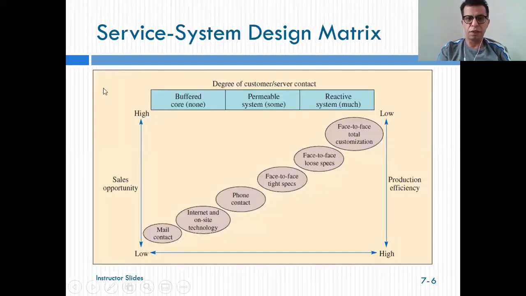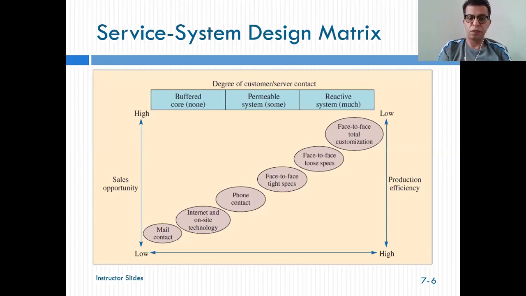So the way you look at the service system design matrix, it works like this. There is the degree of customer or server contact, how many contacts and customers are coming in, and there is the sales opportunity, whether you are looking to do sales or upsales or not.